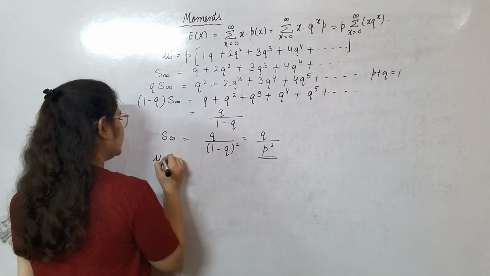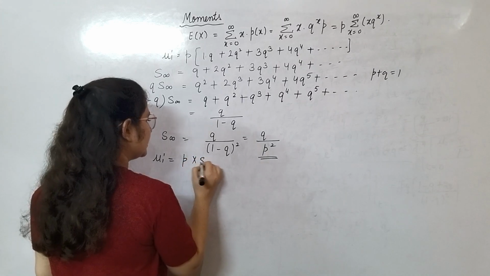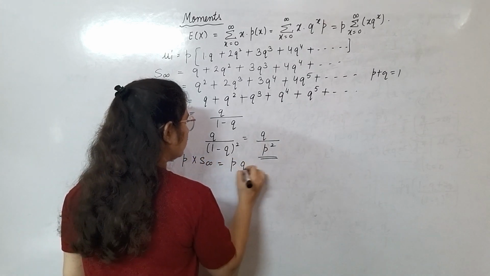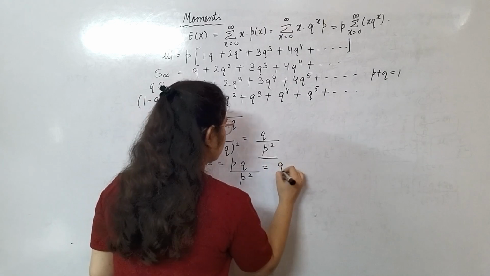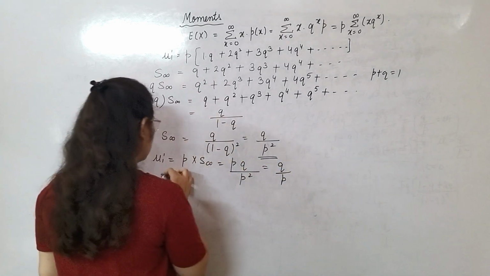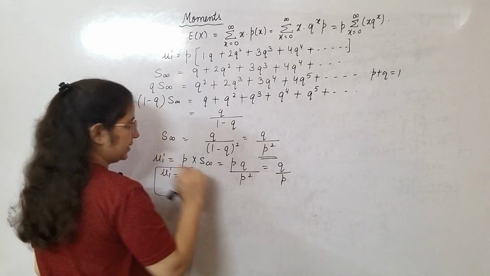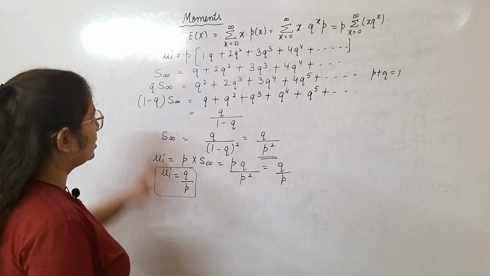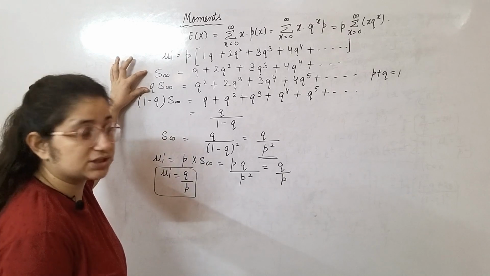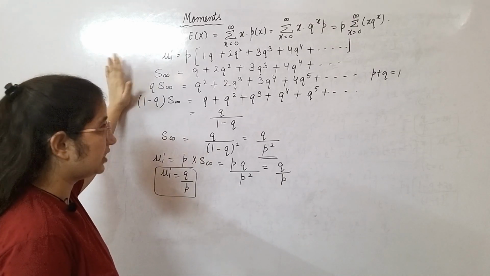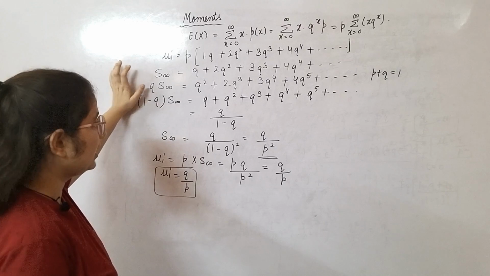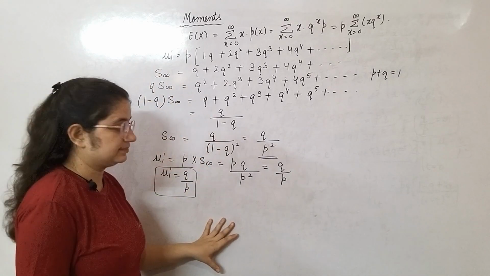Now mu1 dash will be p into S infinity, p q upon p square, which is q by p. So what is your mean? Mean is q by p. This is your mean. The most important thing here is how you proceed for such type of series. That is the way I told you; except for that, everything is easy.